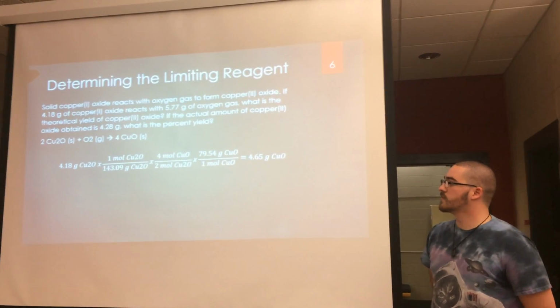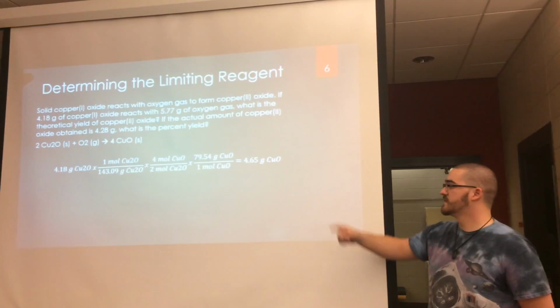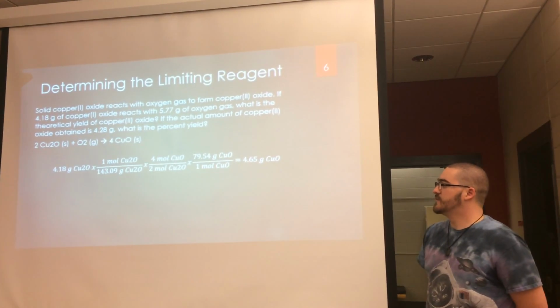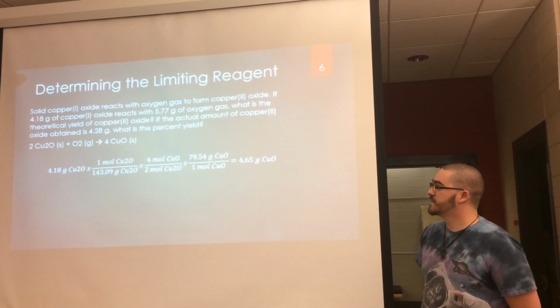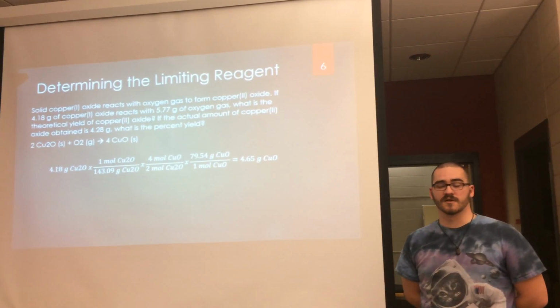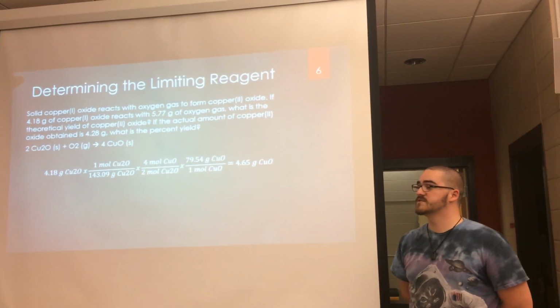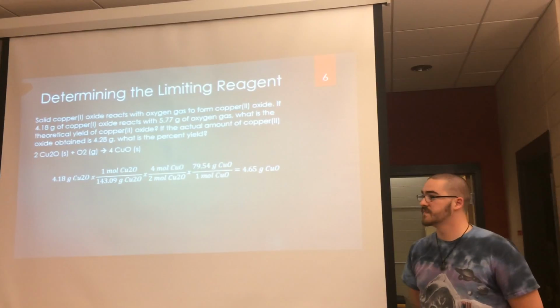You then use the mole to mole ratio using the coefficients from the balanced equation. Then you multiply by the molar mass of the final product. You want to convert both starting materials to the final product so that you can compare apples to apples. What's the use in seeing which one is less if they are not in the same units?